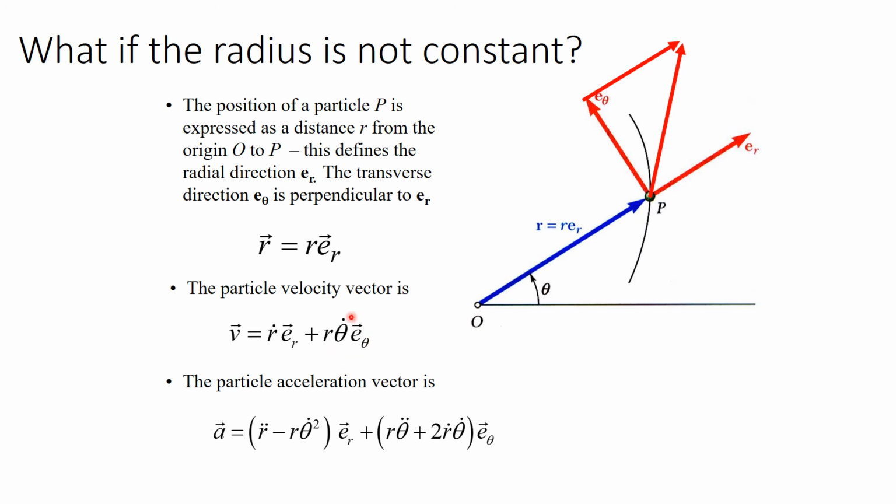So what happens when our radius is changing too? Then we have to add on how the radius is changing. So our velocity ends up getting two chunks to it. It has what you're used to, the tangential component, only now it's not quite tangent anymore because our curve isn't quite a perfect circle anymore. So we're just going to call this theta, and theta is perpendicular to our radius.